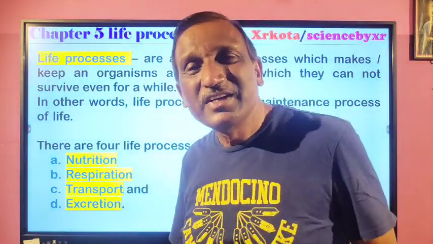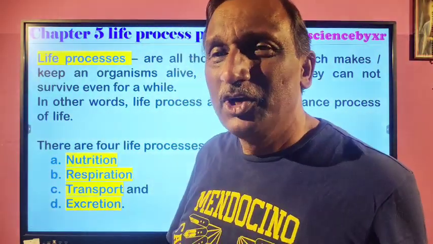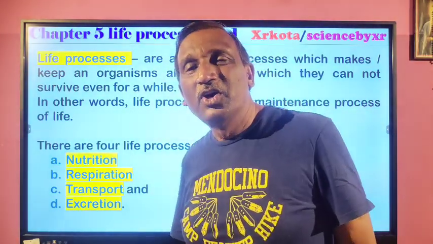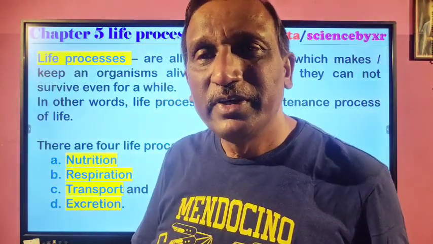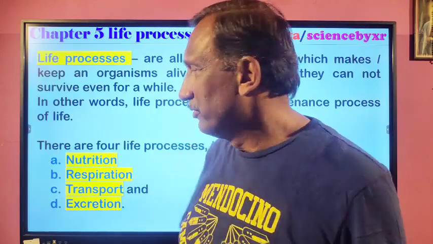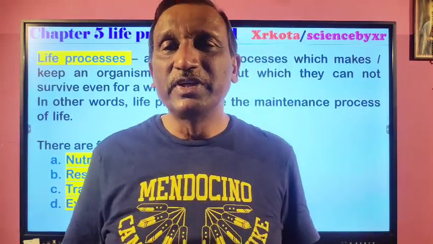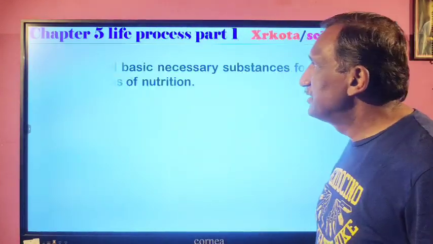All the body cells are continuously showing nutrition. All the body cells are continuously showing respiration. All the body cells are continuously showing transport and excretion. Why nutrition? Because it is nutrition which keeps adding new things. Nutrition adds new things.